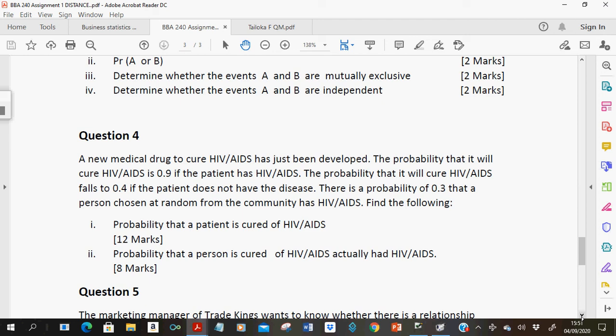There is a probability of 0.3 that a person chosen at random from the community has HIV/AIDS. Find the following. The first one is the probability that a patient is cured of HIV/AIDS, and the second one is to find the probability that a person cured of HIV/AIDS actually had HIV/AIDS. That is our question.